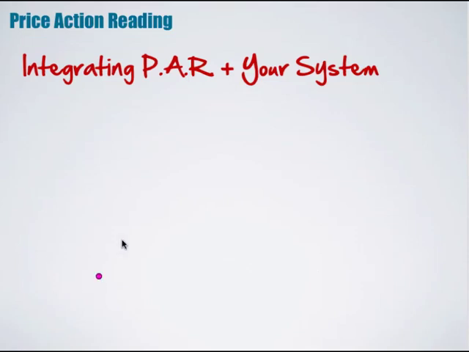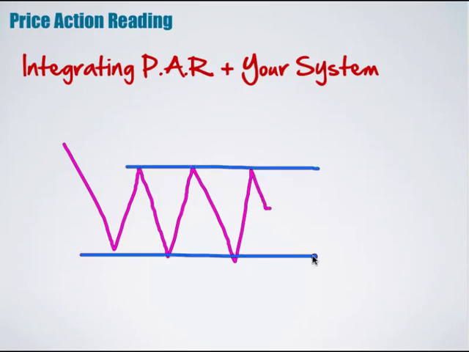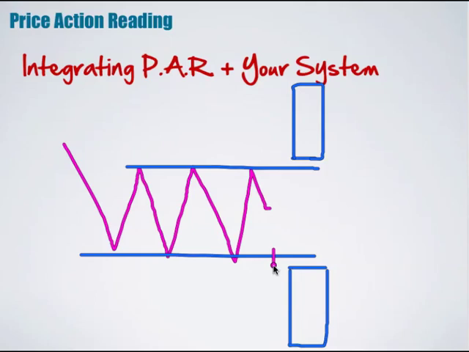If price is entrapped within two levels of support and resistance, as I was mentioning before, basically within a range, that is not the section of the chart where you want to take your trades. You want to wait for price to break free from that congestion area, and up here and down here is where you want to take your trades, not in here.